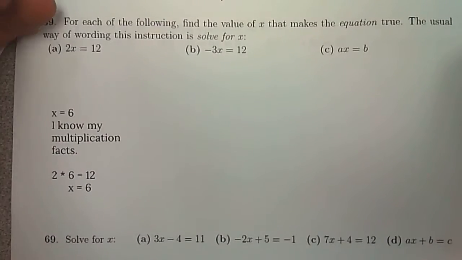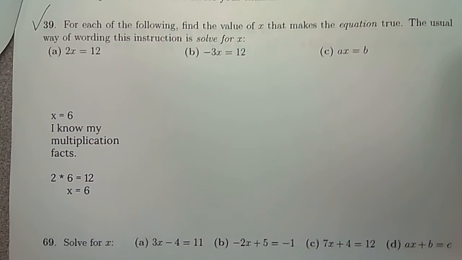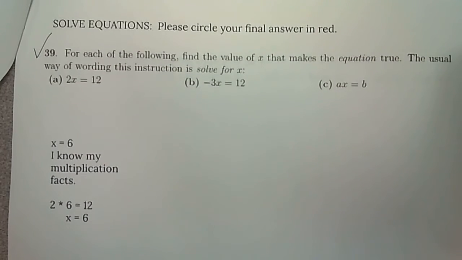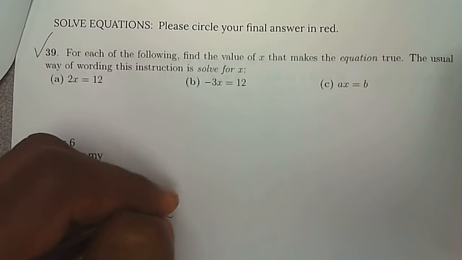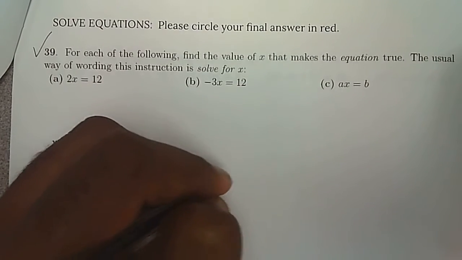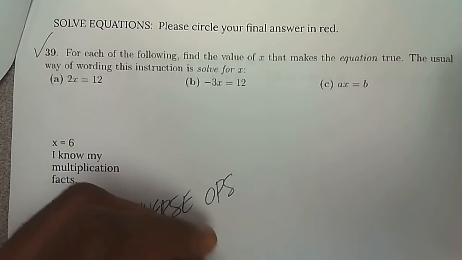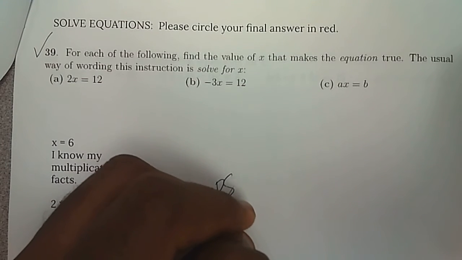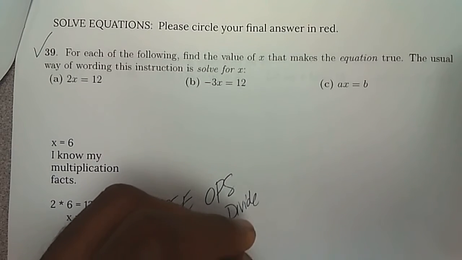So in previous videos, I have done 39. And basically, when it comes to solving equations, you use inverse operations. So the opposite of multiply is divide. The inverse of addition is subtract.